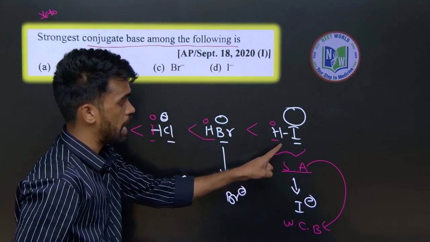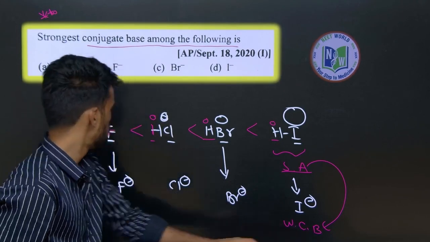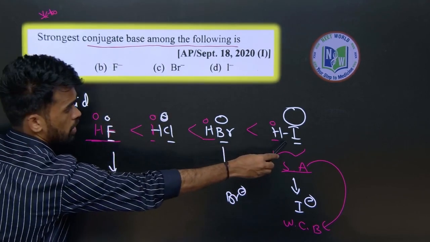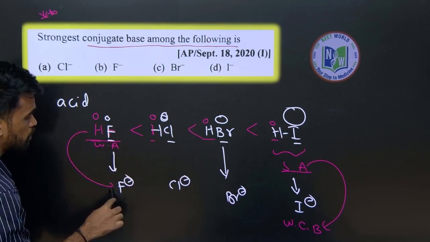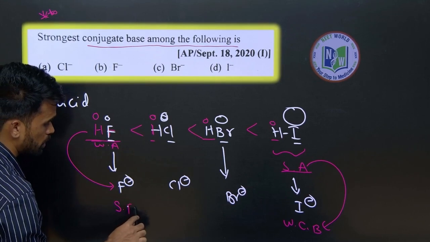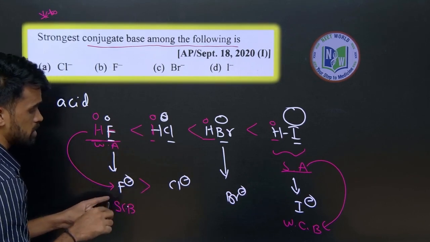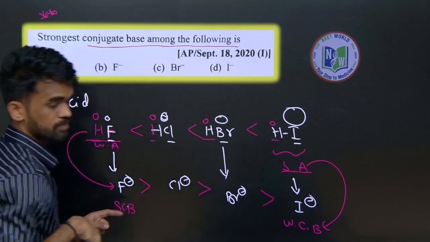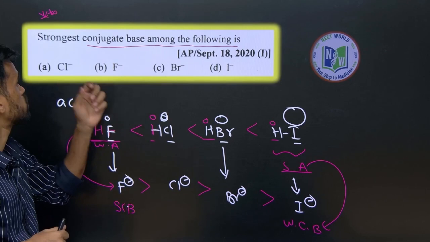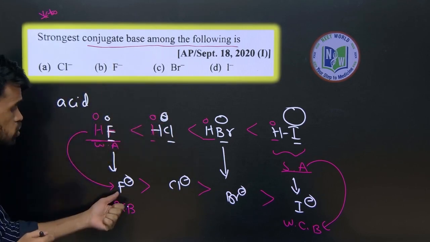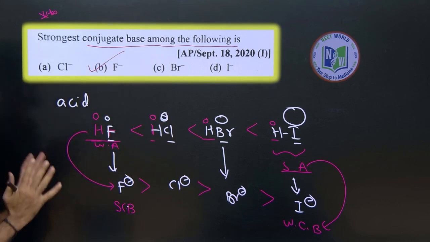Since I told you this is stronger, its conjugate base is weaker. And this is a weak acid, so its conjugate base will be very strong. Therefore this is the strong base, then this, then this. So this is the order of the strength of the conjugate bases. This is the strongest conjugate base, so you should choose option B as the answer for this particular question.